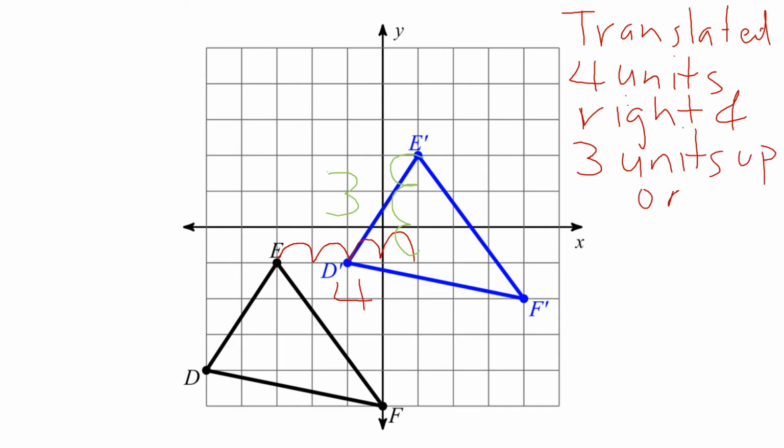Or we can write it as (4, 3), which can also be written as x plus 4, y plus 3.